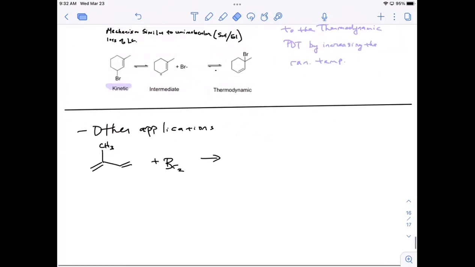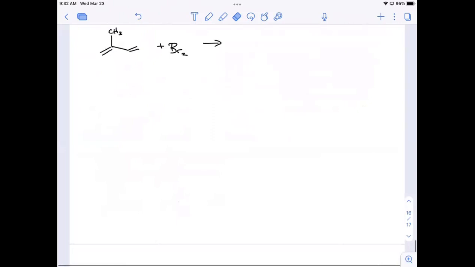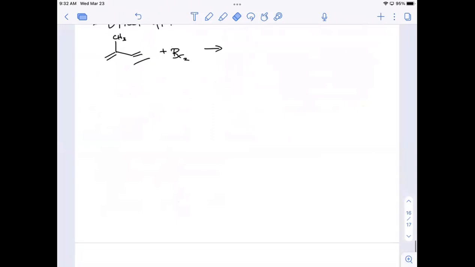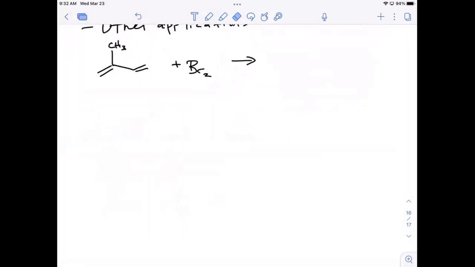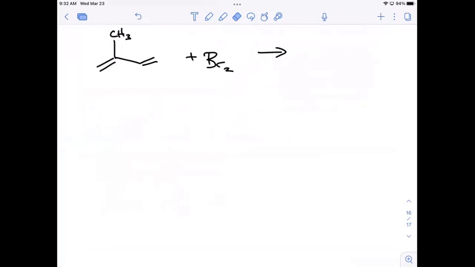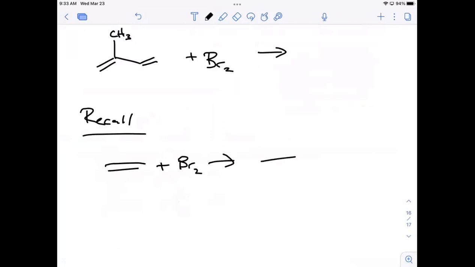If you recall from part 1, you take a double bond, an alkene, you treat it with Br2, you get a bromonium intermediate.